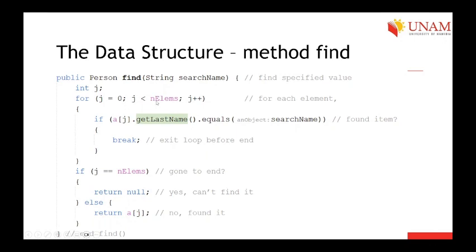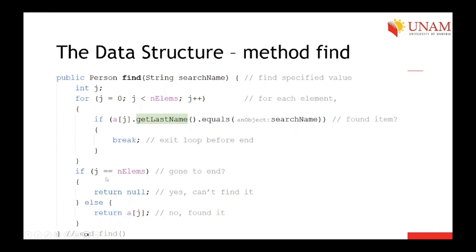Start at position 0 up to the last element, but now for every person stored at index j, get their last name and compare whether that last name is equal to the search name. Luckily, the last name is a string, and we know that equals compares these two objects and returns whether they are the same or not. So if we find that they are equal, we get out of the loop because we found what we are looking for. This is why we have break.